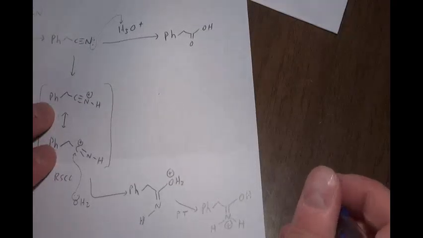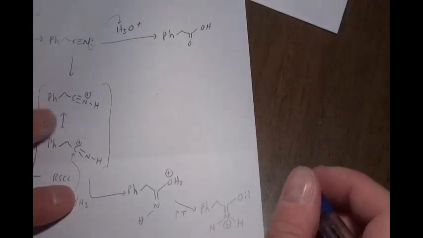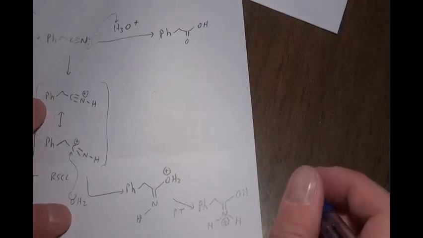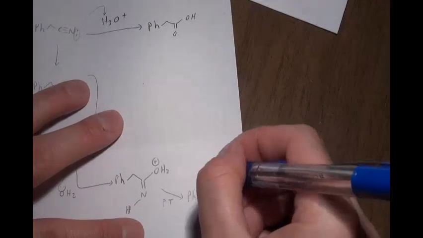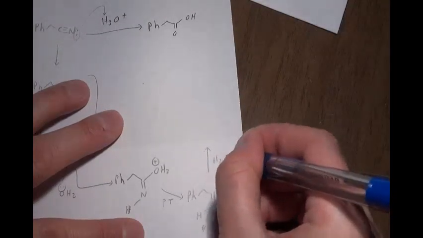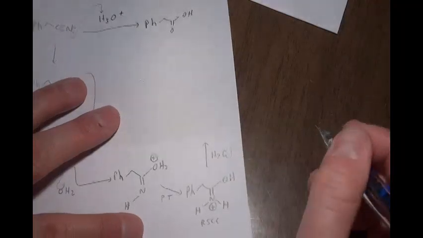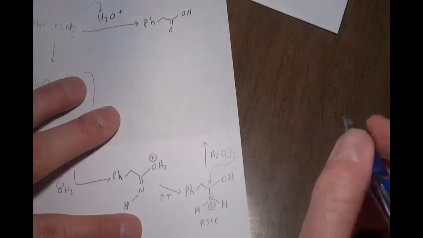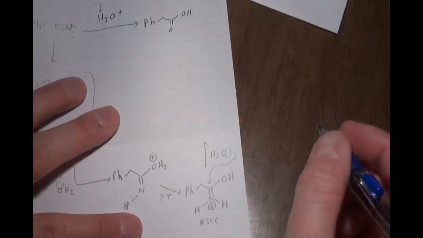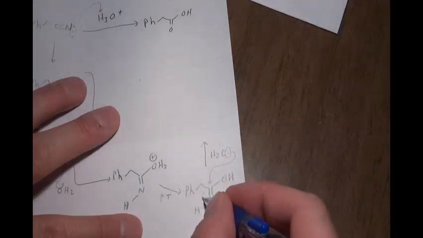Now we have another RSCC. To save space, I'm not going to draw out the RSCC. I'm just going to write the letters RSCC, and I'm going to have water attack it. So our water attacks. Where do the electrons go? Onto the nitrogen.